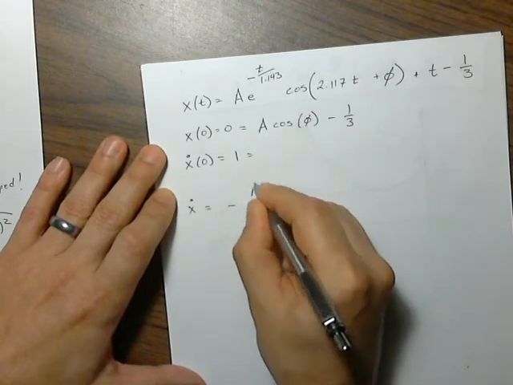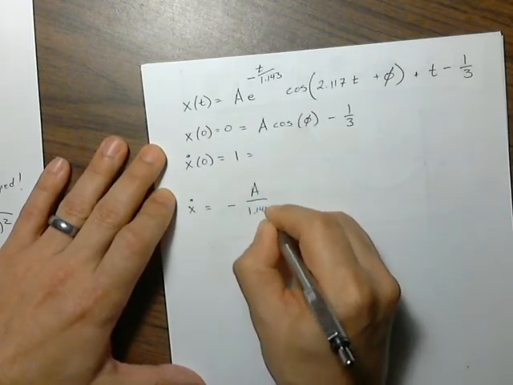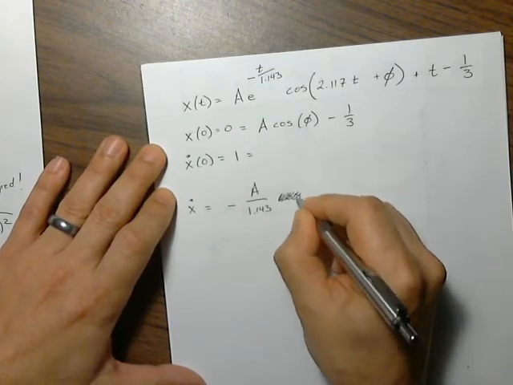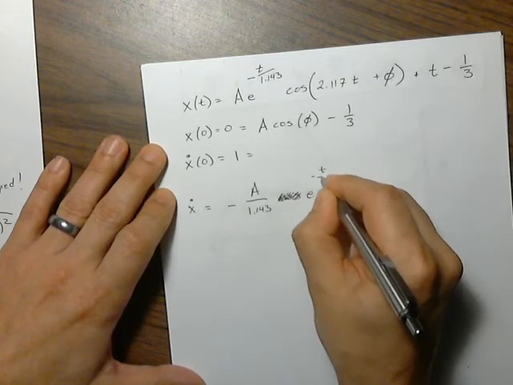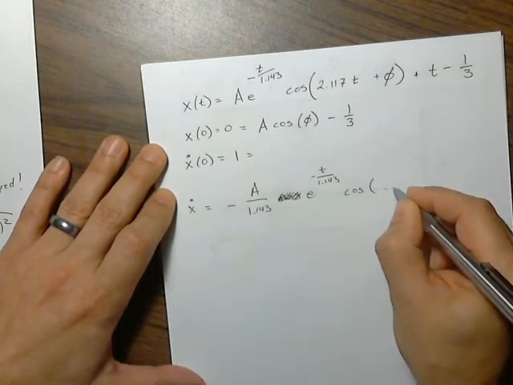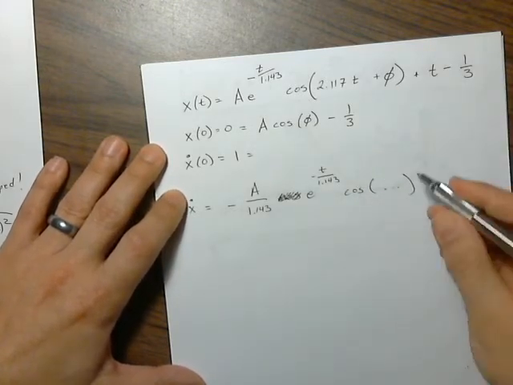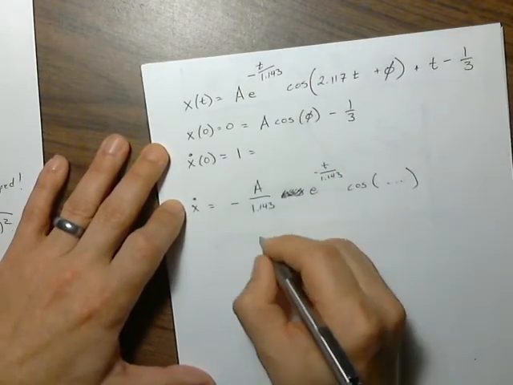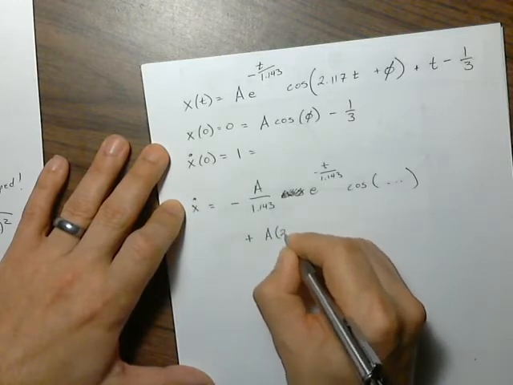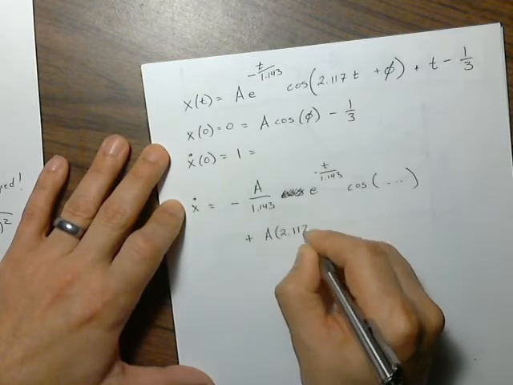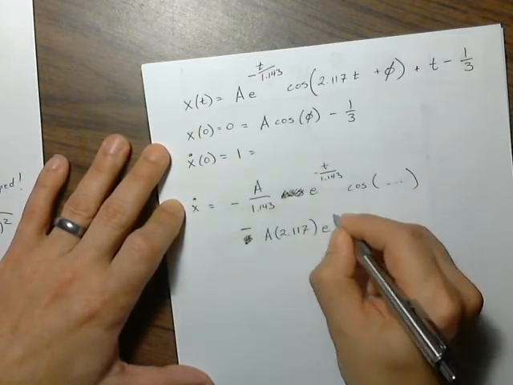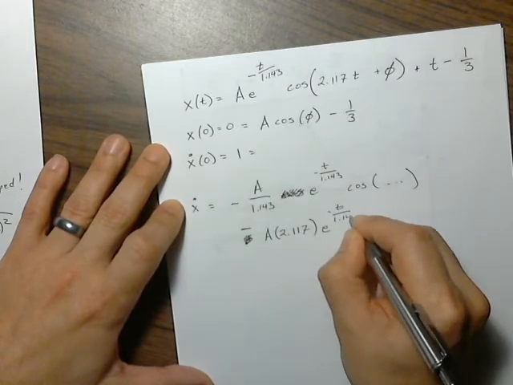So that's negative A over 1.143 cosine... whoops, e to the negative... I'm going to be sloppy. Just pretend I wrote that out. All right, plus... sorry, that's also going to be minus. You'll see why in a minute.